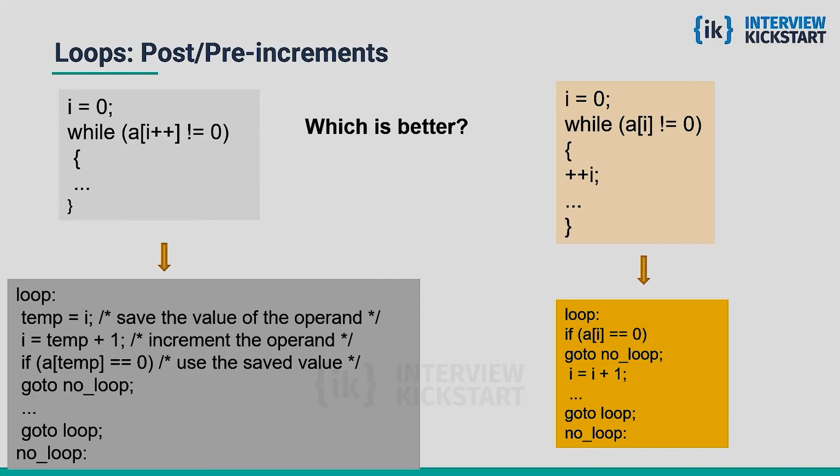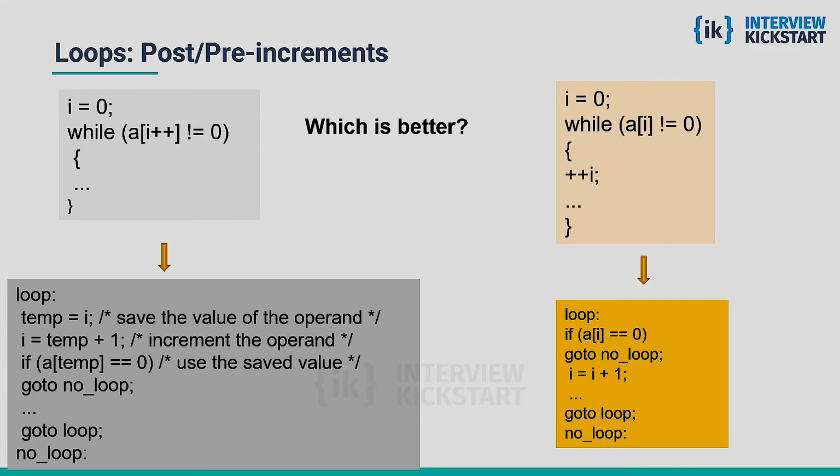Here is a loop where the loop termination condition is a bit complex. You have a certain array being accessed and the index of the array is post-incremented, and when the value of the array becomes 0, the loop terminates.